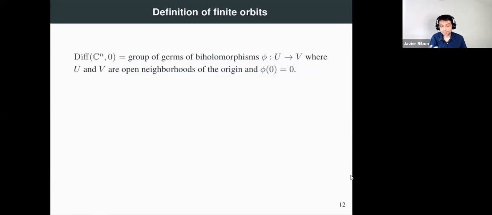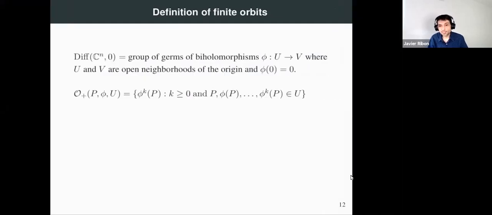And what happens is that you give yourself the right to reduce the domain of definition. You consider an equivalence relation so that we are not considering a fixed domain of definition, but we can always reduce this domain of definition.